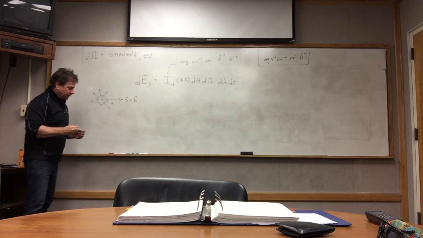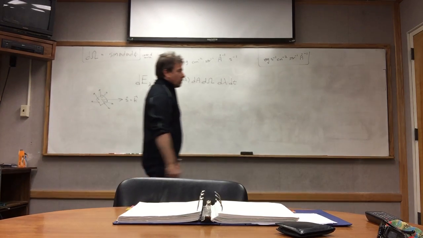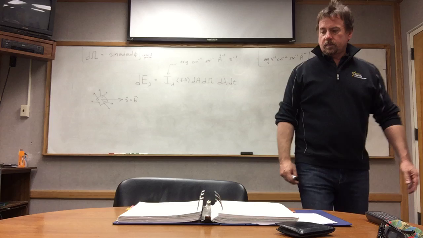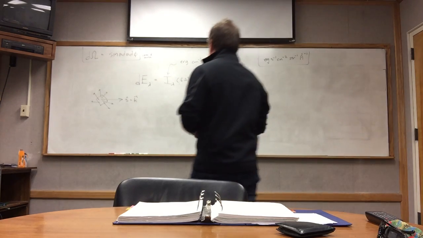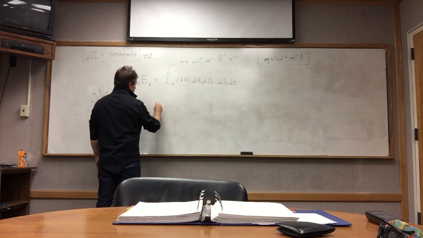Okay. You have some area element there on, say, the surface of a star, and you want to know what's the flux. Okay. And you're way out here at some distance. Well, you want to know the flux.